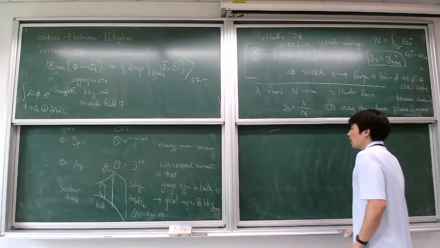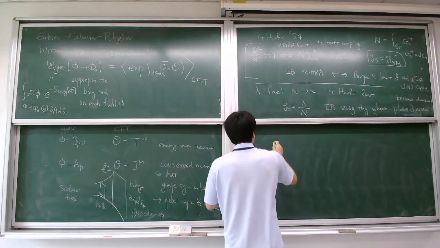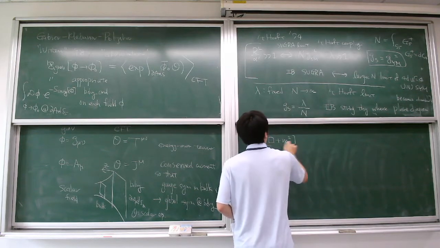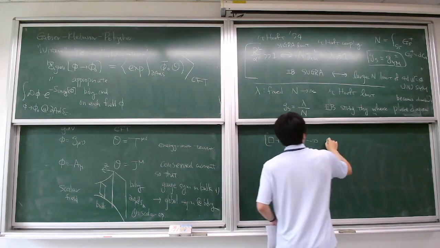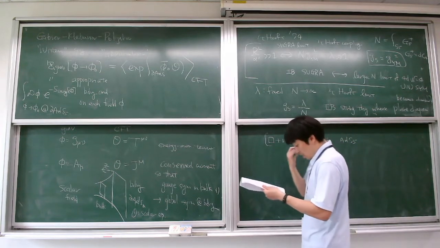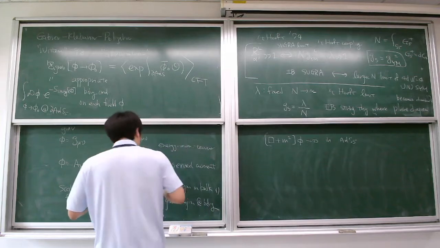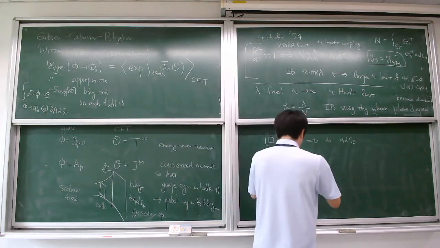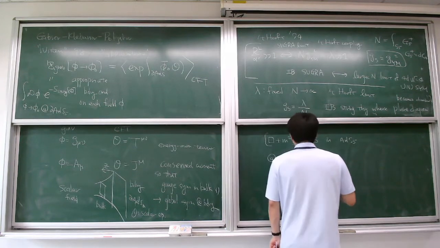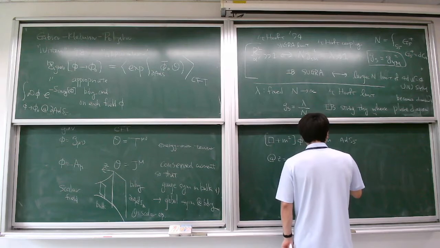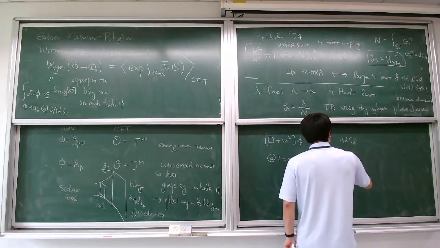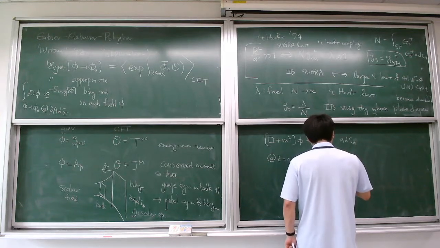So if you solve the wave equation for phi, at z equals 0, phi takes the following form: z to the d minus delta, or z to the delta, where d is the dimension.